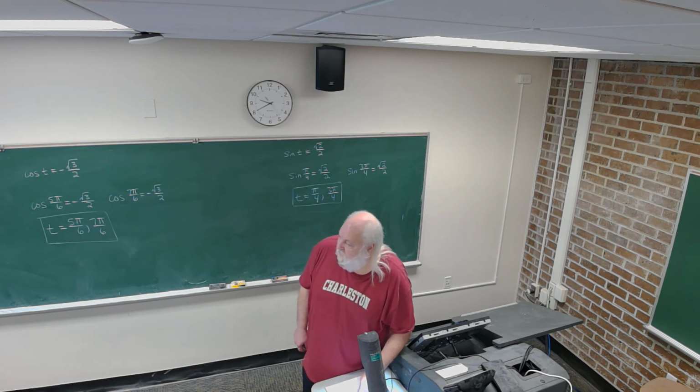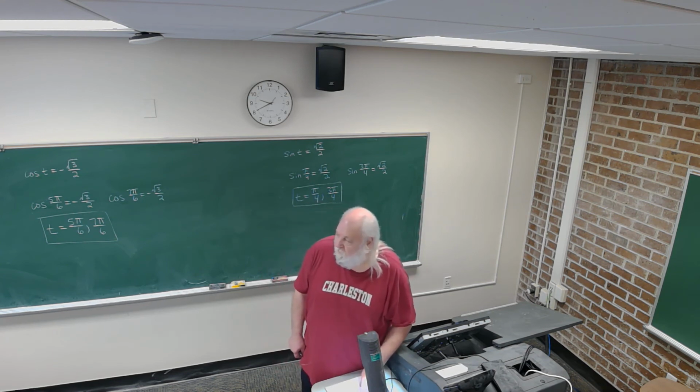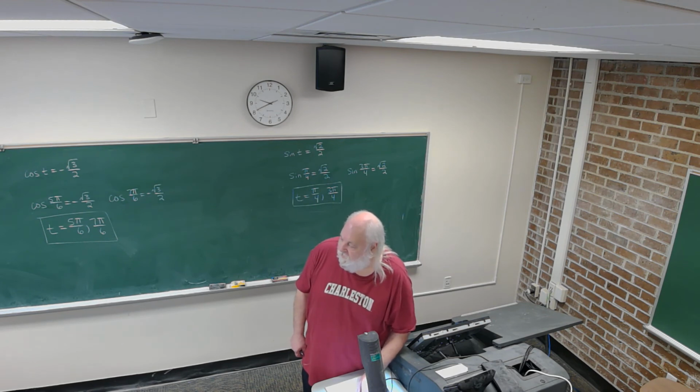So the difference between the graph of the sine function and the cosine function is what is called a phase shift, a phase shift of pi over 2 radians. And a phase shift is just another word for a horizontal shift, or transformation, shifting the graph either to the left or to the right.